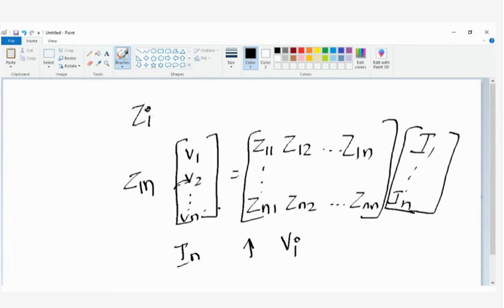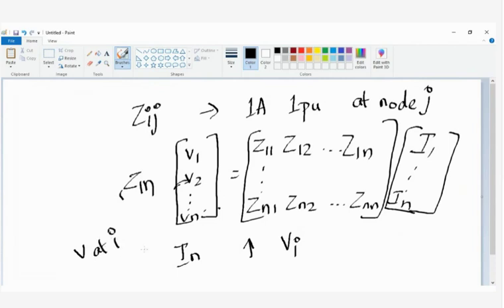Basically, Zij means if I inject 1 ampere current or 1 per unit current at node j, voltage at node i will increase by Zij.